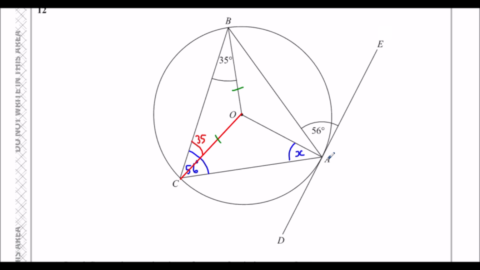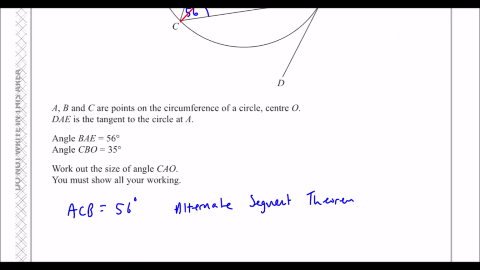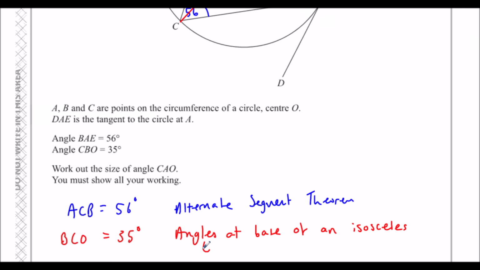So we know that DCO is 35 degrees, because the angles at the base of an isosceles triangle are equal.